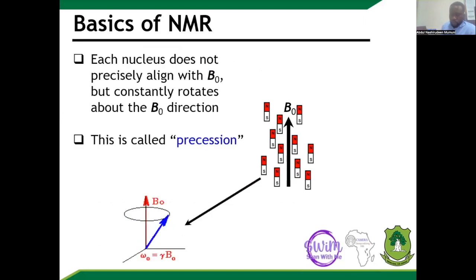So in their alignment position, they precess about their mean position at what we call Larmor frequency. The Larmor frequency of precession is dependent on the field strength at which we are imaging. And so at 1.5 Tesla, it's about 64 megahertz. Let me go to the next slide.